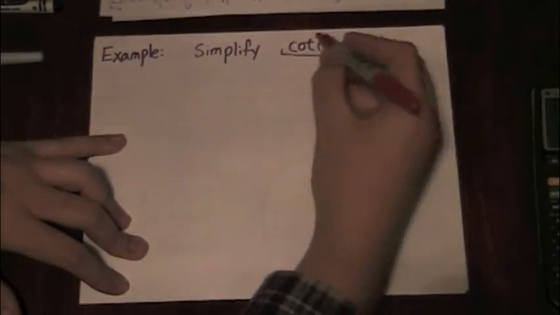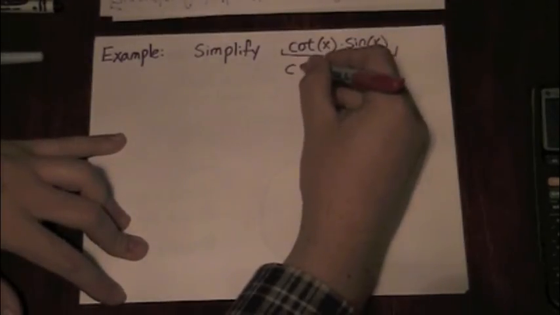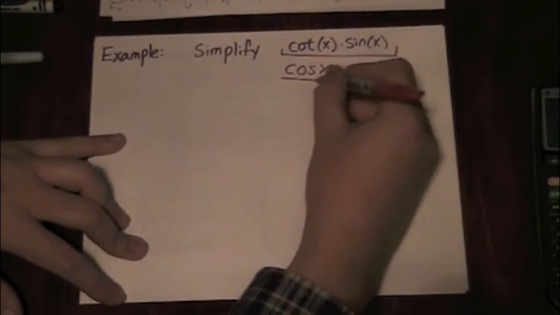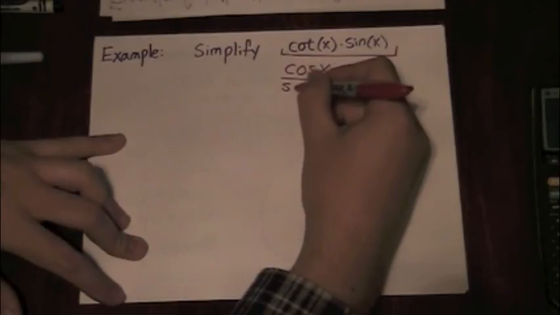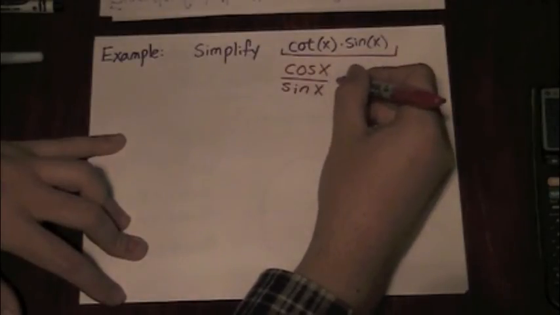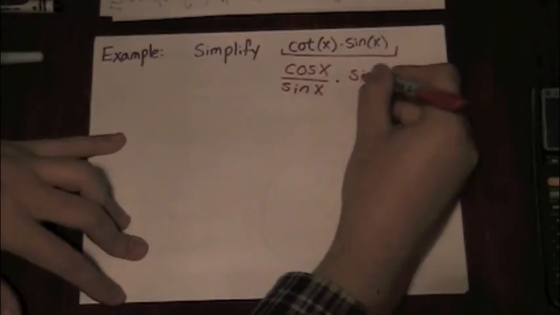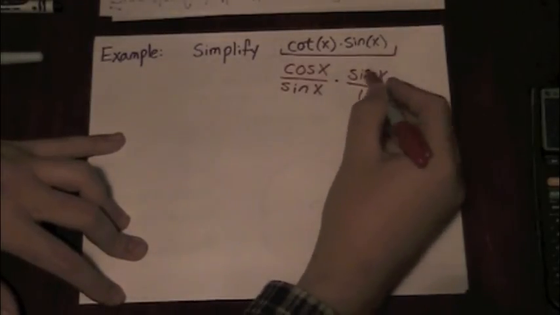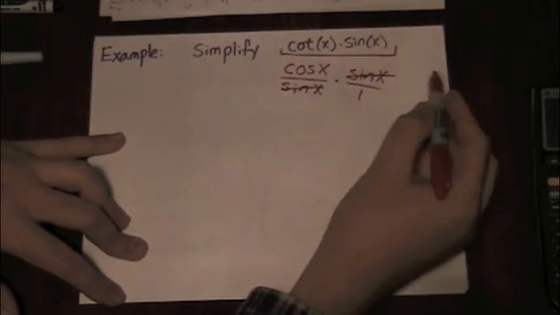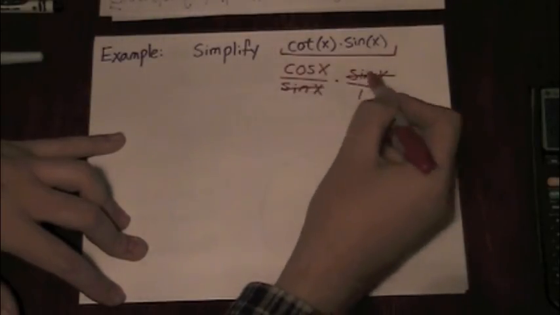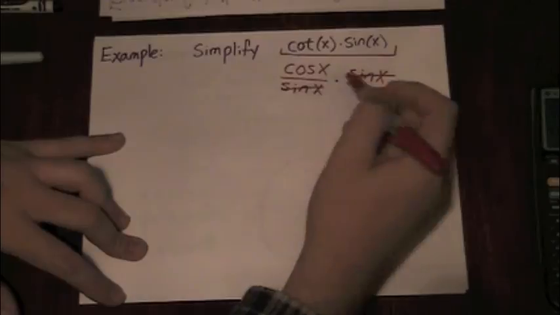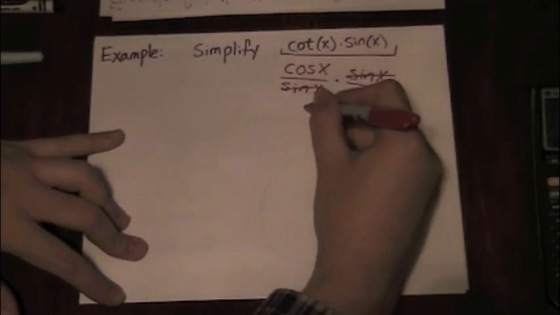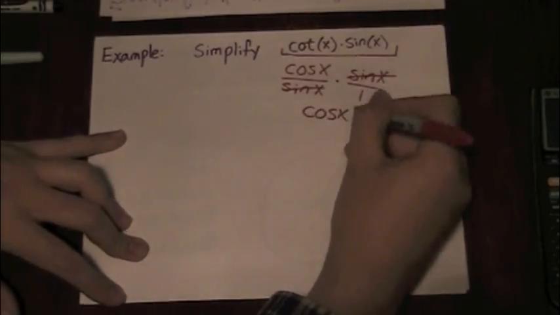I know cotangent can be written as the cosine of x divided by the sine of x. If this thing's being multiplied by the sine of x, pretty quickly I can cancel out. Sine of x divided by sine of x equals 1, and that leaves me with the cosine of x.